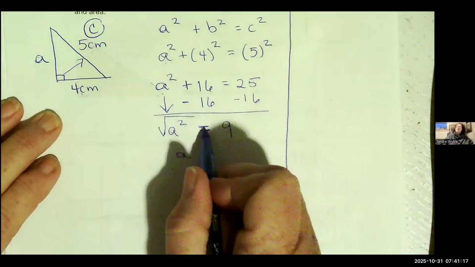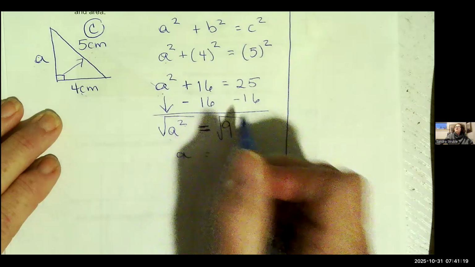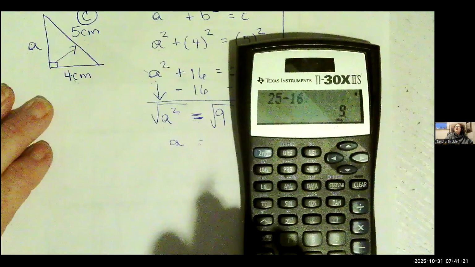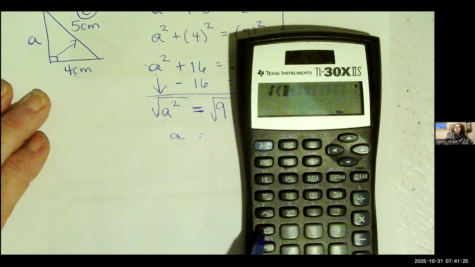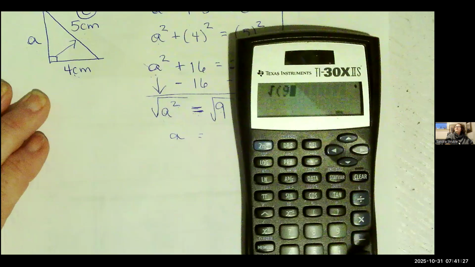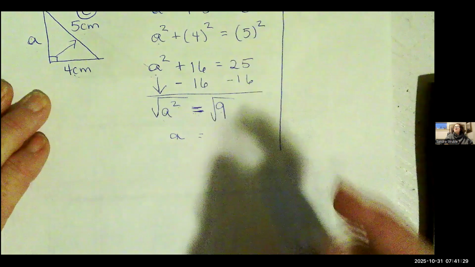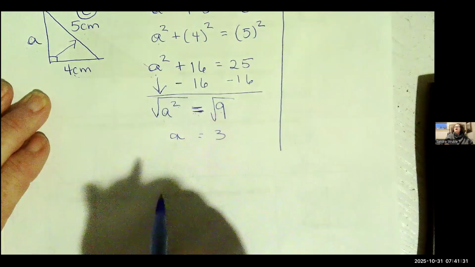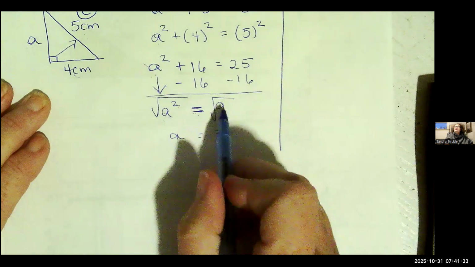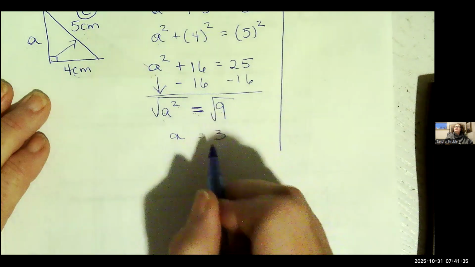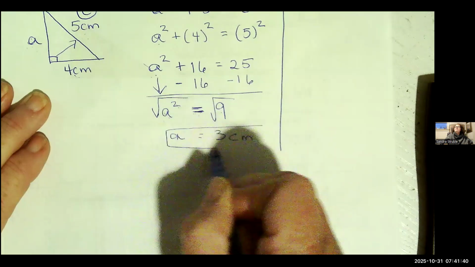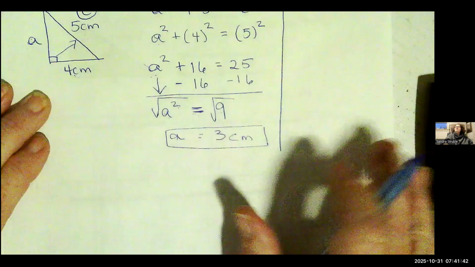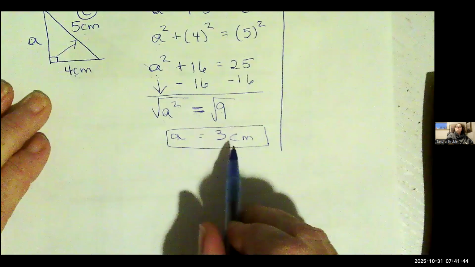So again, the square root of 9, so second, the square root symbol, 9 equals, and that is 3. I also knew that because 3 times 3 is 9. Don't forget your unit. You have to use the correct units. You should know that coming off our unit section. All right, so 3 centimeters is my missing leg.